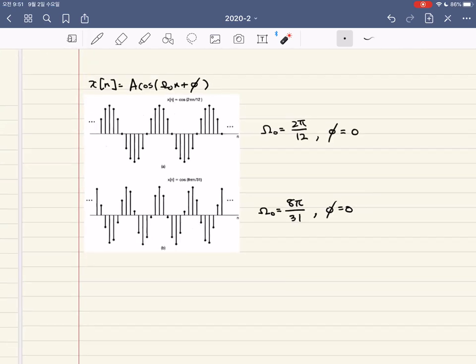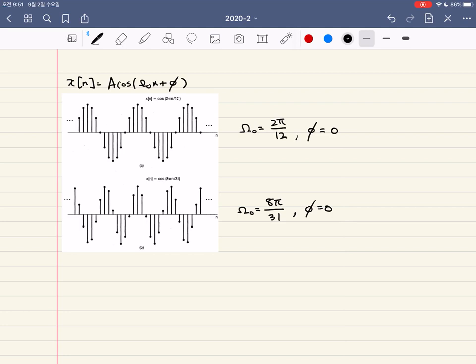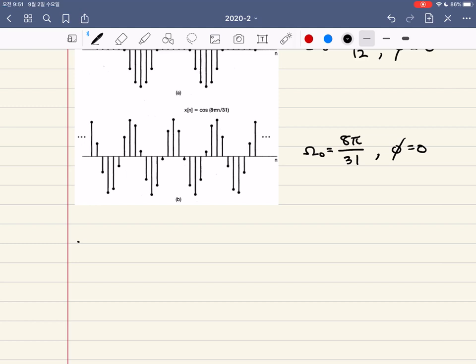And I would like to talk about the relationship between the time shift and the phase change for the discrete time sinusoidal signal, to see if both ways are possible, or maybe one way or none. In the continuous time case, we had both ways.